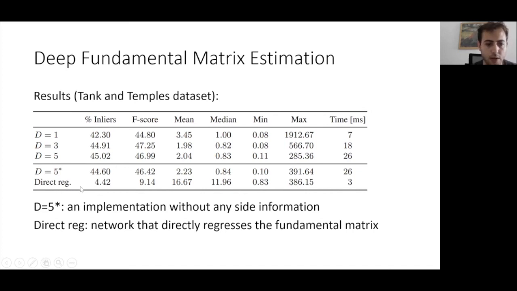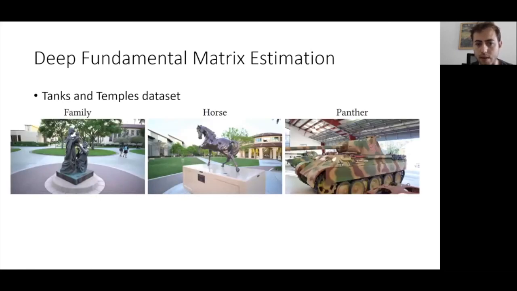And they also show the baseline for direct regression, which means that they do not do weighting at all. They just use all the point correspondences, including the outliers, and you can see that the results are really bad in this case. So the results here are for Tanks and Temples, which is this data set.